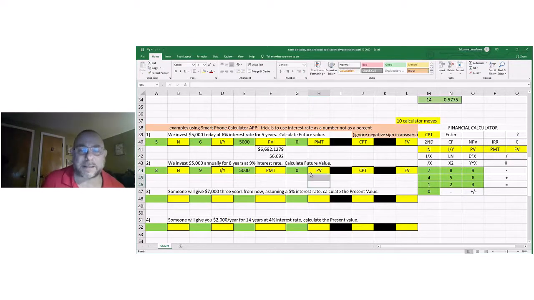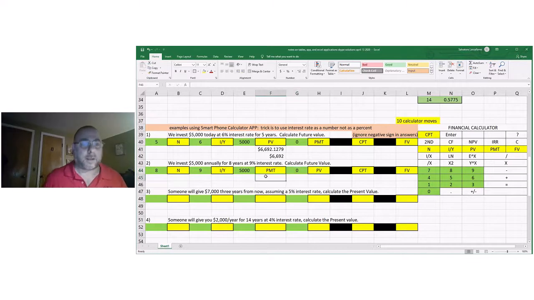So we're saying this is not a one-time event. This is a repeating event. And then compute FV. So really the only thing that switched was right here. Last time we put 5,000 as PV. This time we put 5,000 as the payment because we're making payments. Last time there were no payments, so we said 0 for payments. Last time we had a one-time event for PV. This time it's not a one-time event.